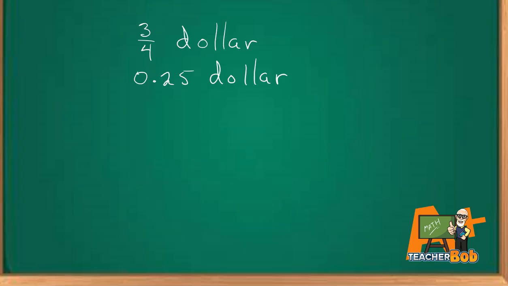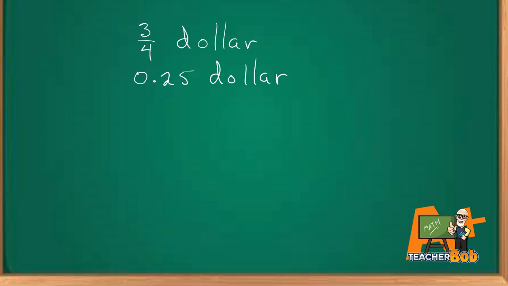When we're dealing with money, dollars are based on 100 cents per dollar. So it's usually a good idea, if you have a fraction of a dollar, to convert that to a decimal.